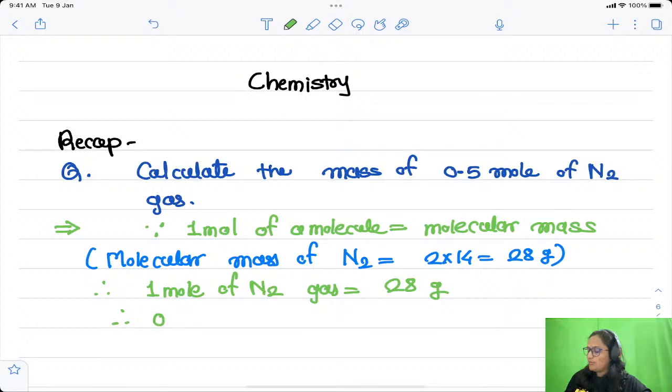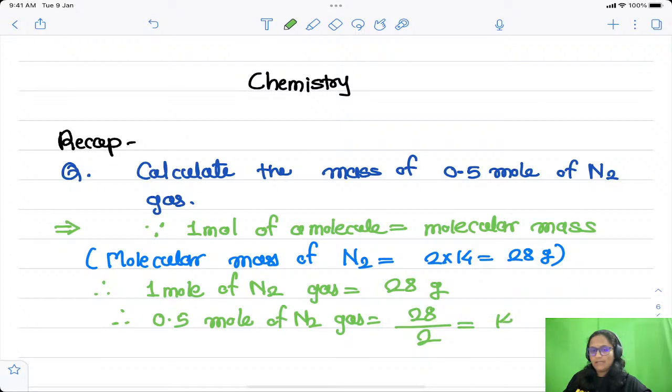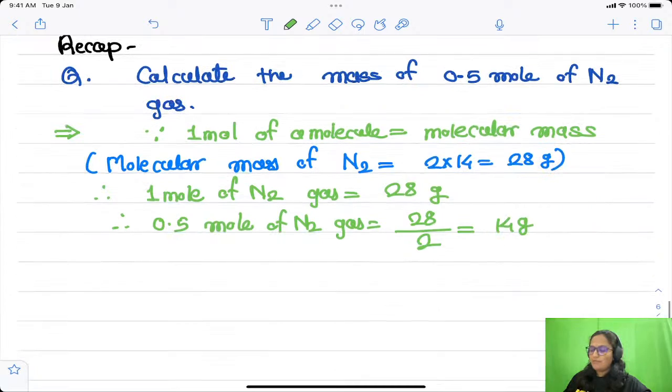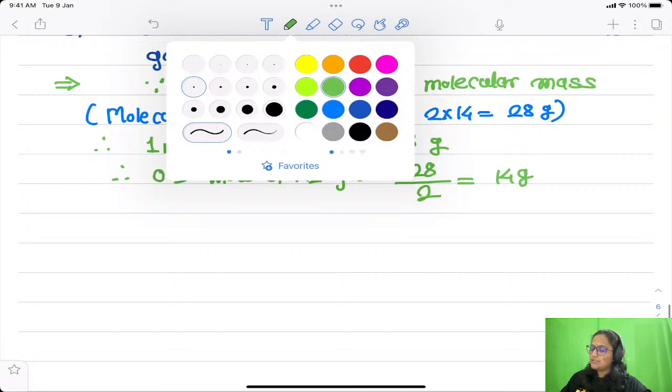Therefore 0.5 mole, that is half mole of N2 gas, will be equal to half of 28, that is equal to 14 gram. Okay, this is one way to solve this question.